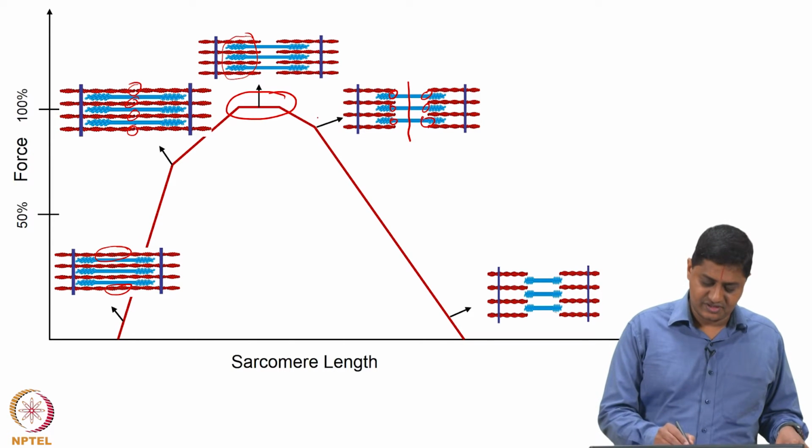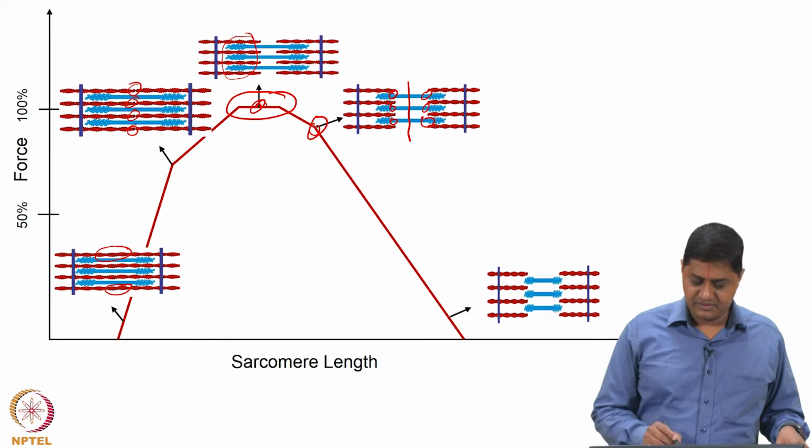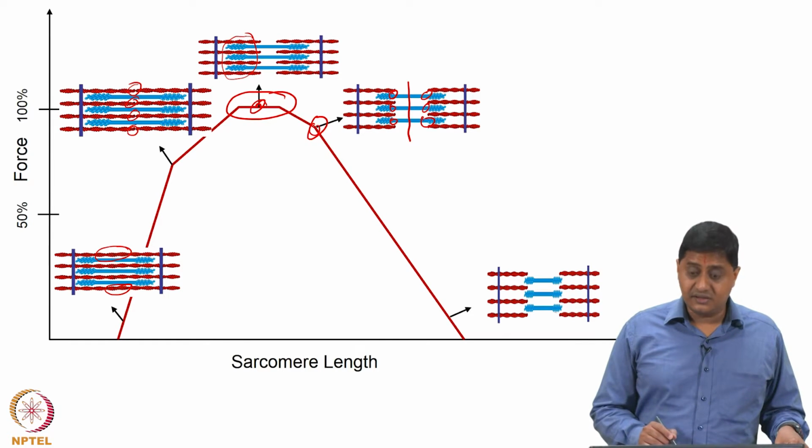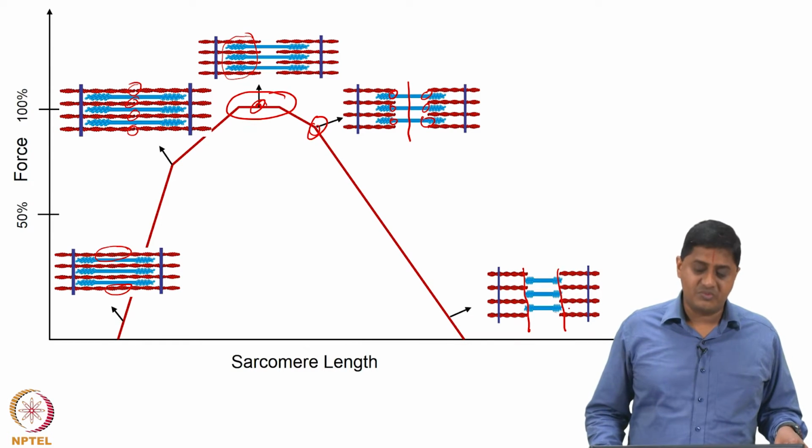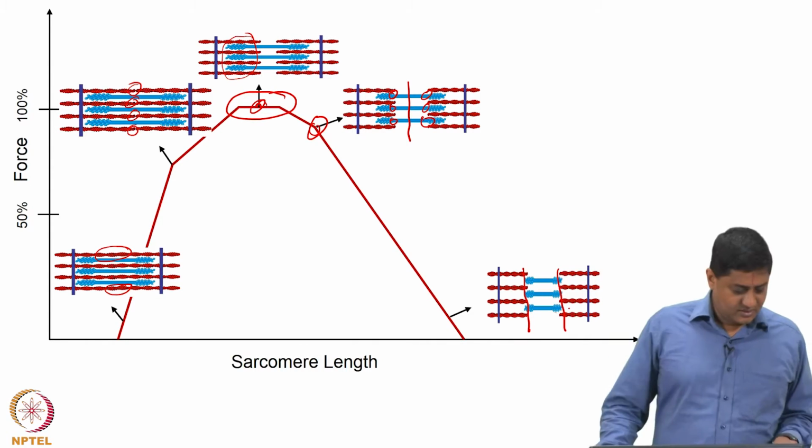So, the force reduces at this point from here to here. And then as the length continues to increase, there is very little or no overlap between actin and myosin, thus resulting in a steep drop of force.